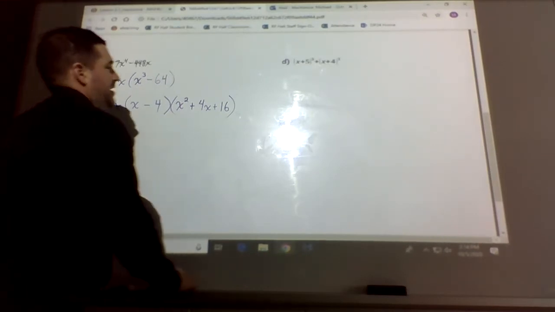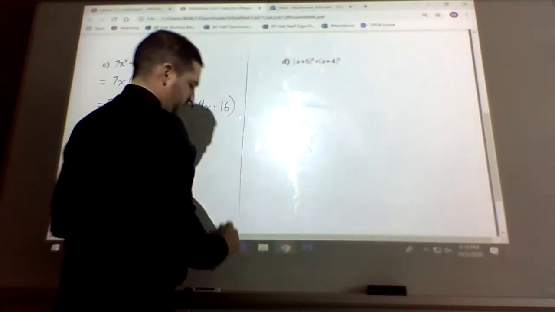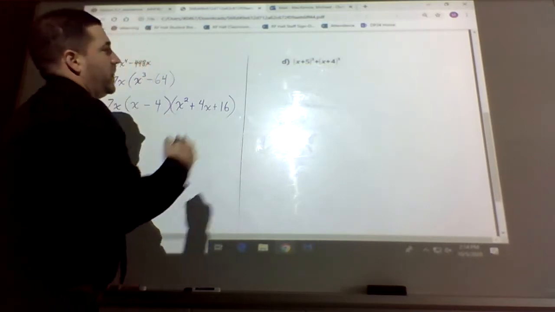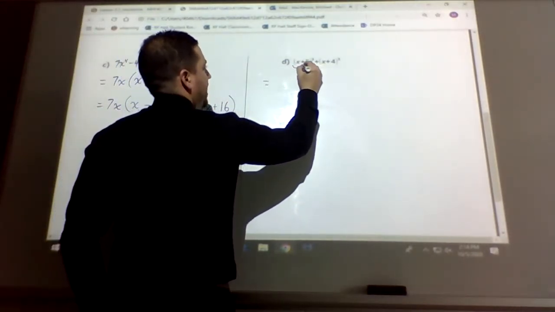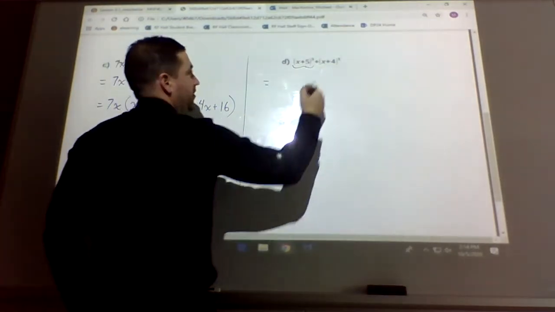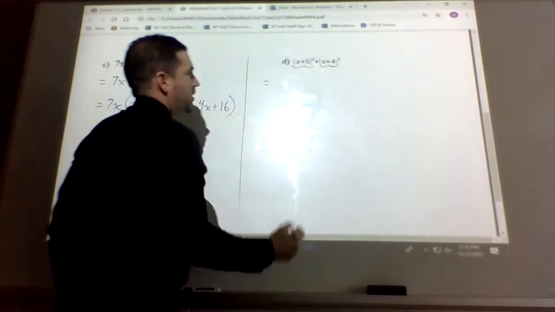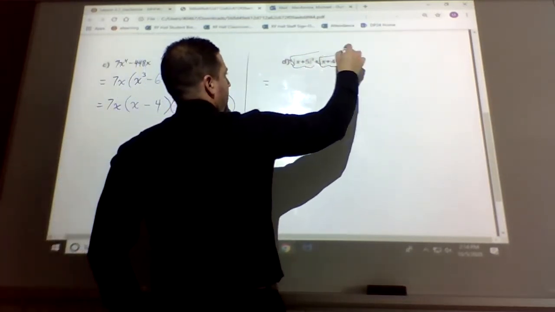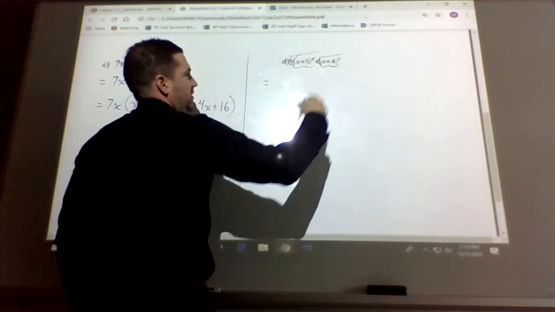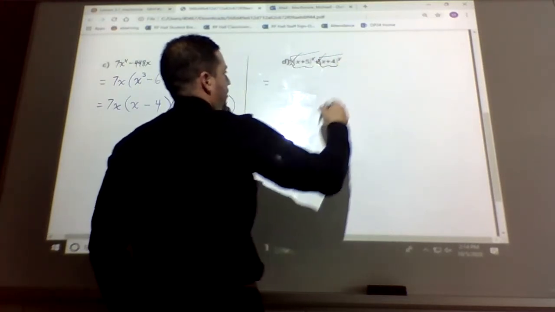Okay, and last one now, which is the trickiest one. So our a in this case is x plus 5, and our b is x plus 4. So if we were to cube root both of them, the cube would cross off with the cube root on both of them.